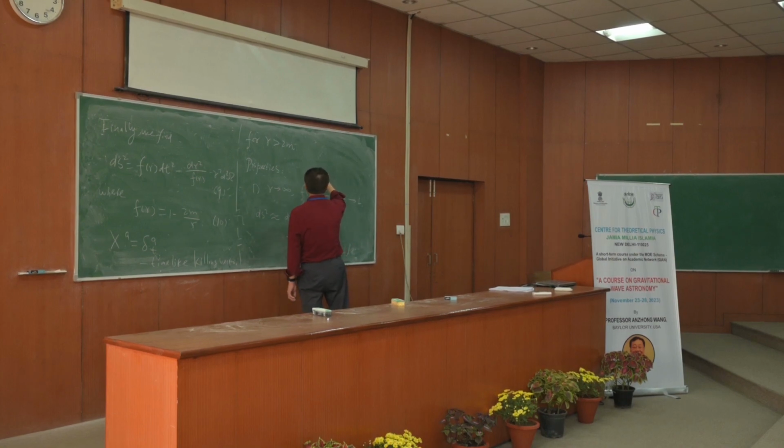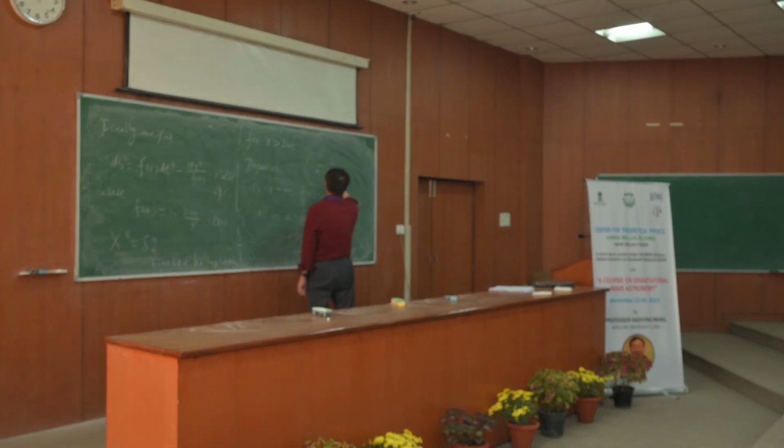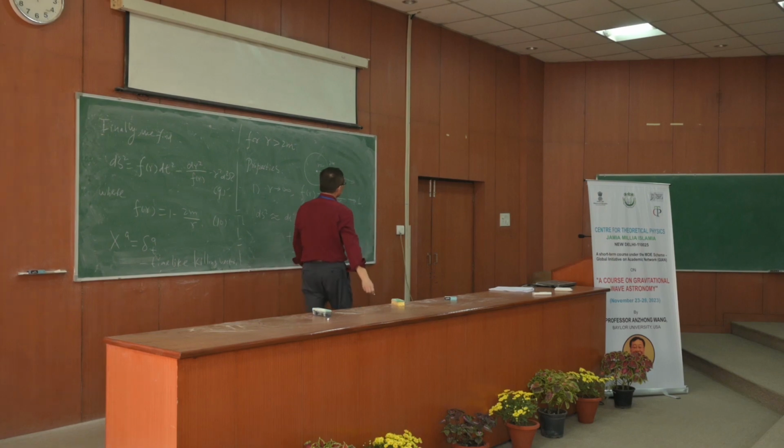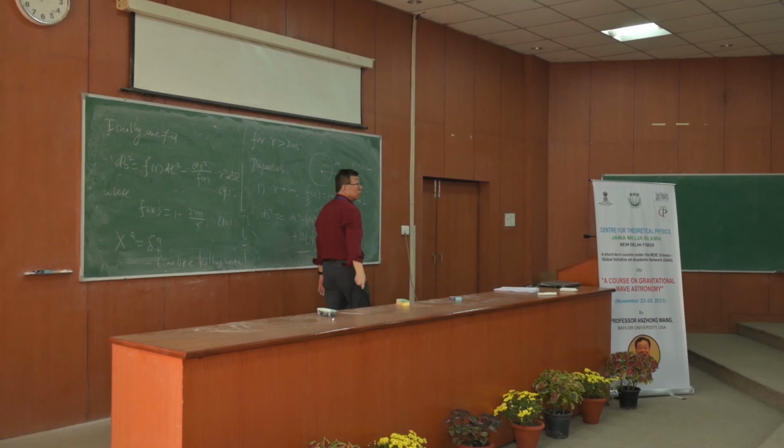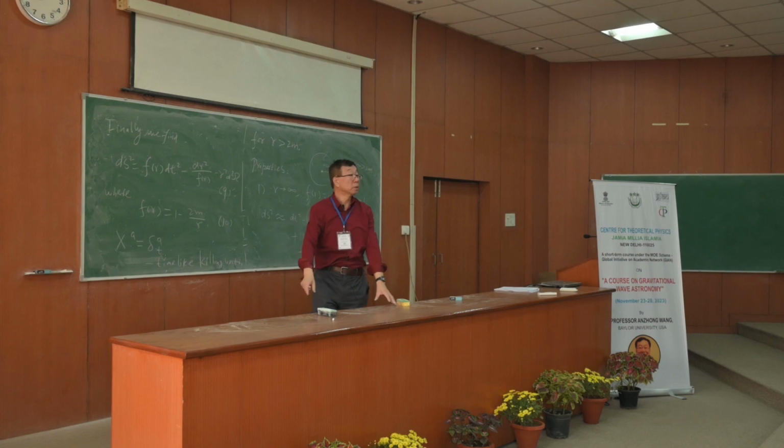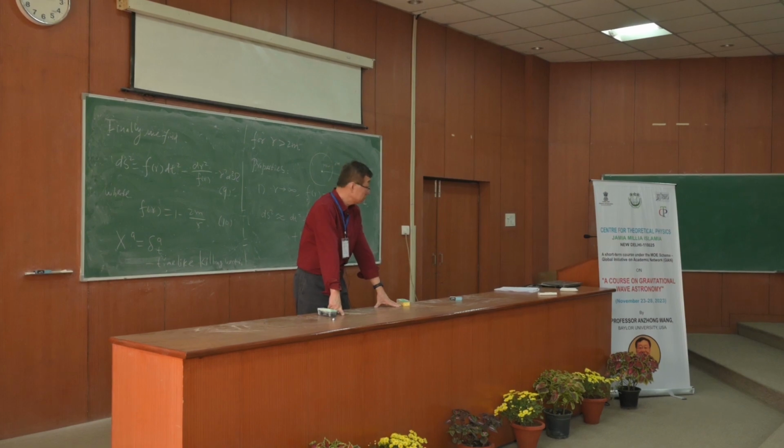Because we believe that at the center, r equals 0, there is mass, right? It's like a singularity. This is my claim. So if the mass is only here, of course, for r greater than 2m, far from the black hole, the space-time should be asymptotically flat. So this is what we physically expect.